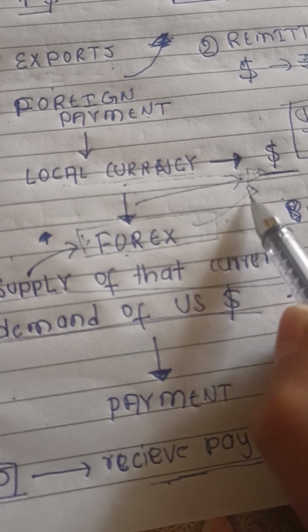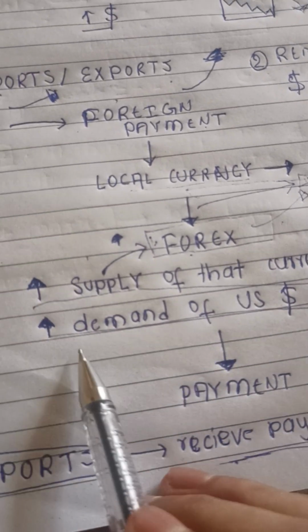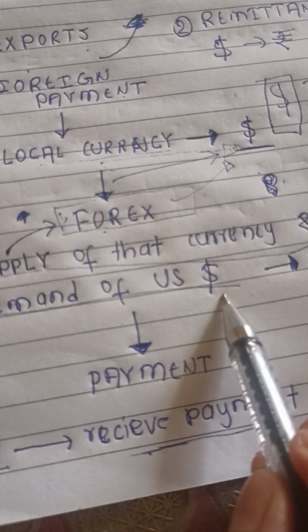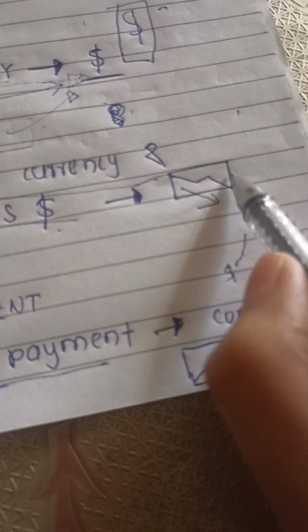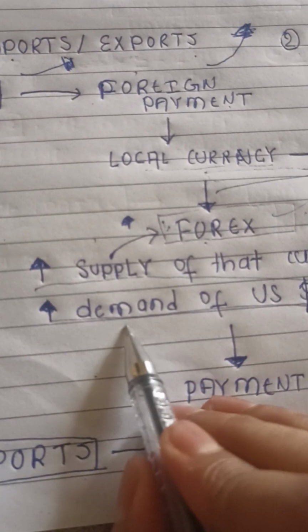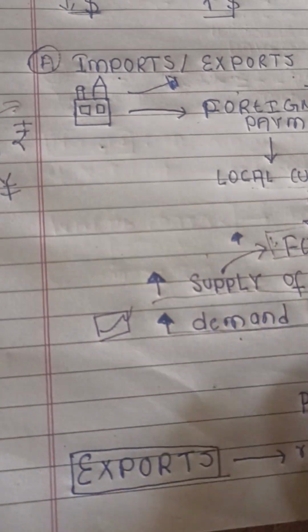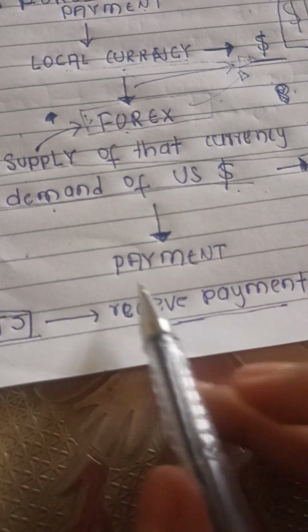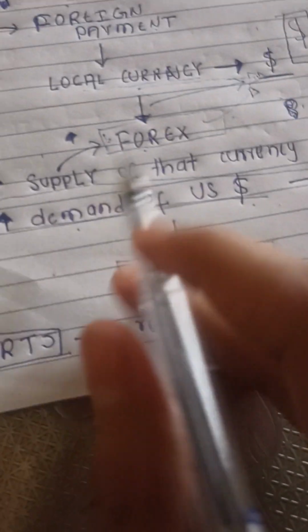In the meanwhile, it increases the supply of that local currency in the market while increases the demand of US dollars. Increasing the supply will eventually fluctuate down the price of that local currency in the market, while increasing the demand obviously drives the price of US dollars up somehow. And eventually the payment is made at the expense of this fluctuation.